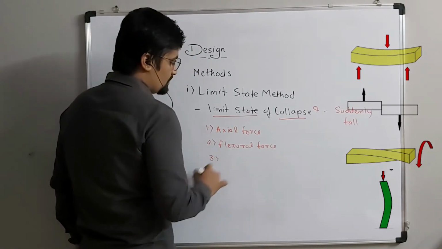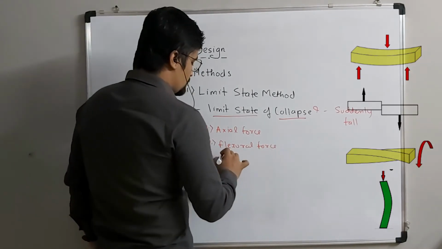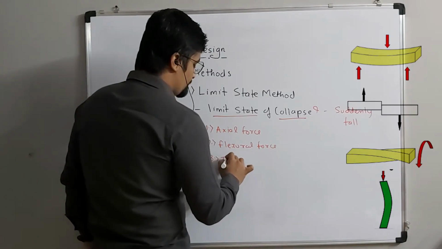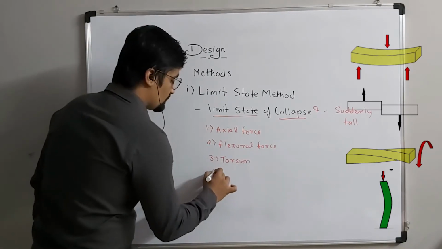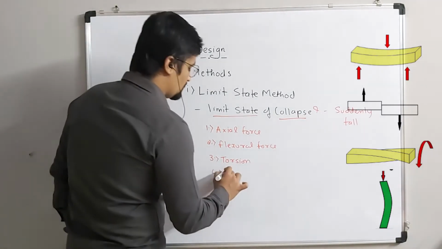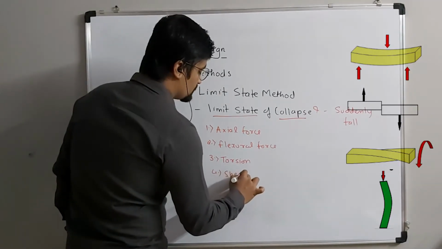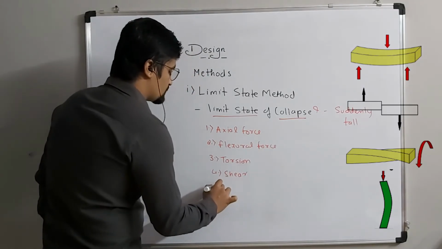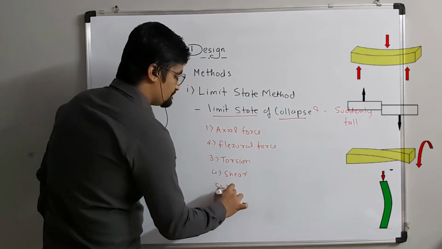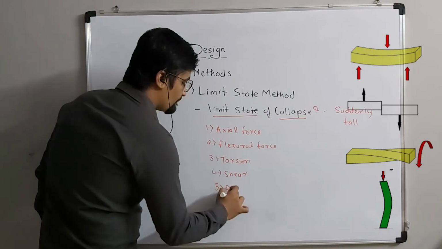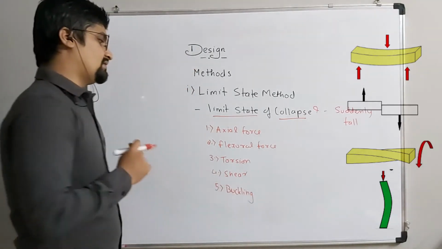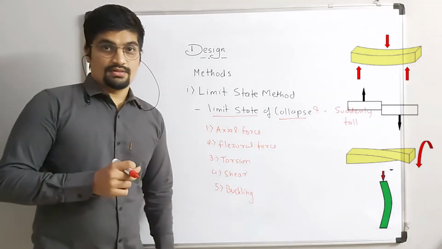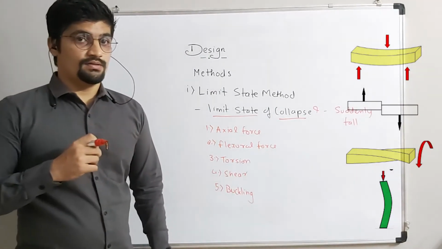Third one is the torsion, the twisting force. Fourth one is the shear, the shearing force. And last but not the least, buckling. These are all the forces that can make our structure fall.